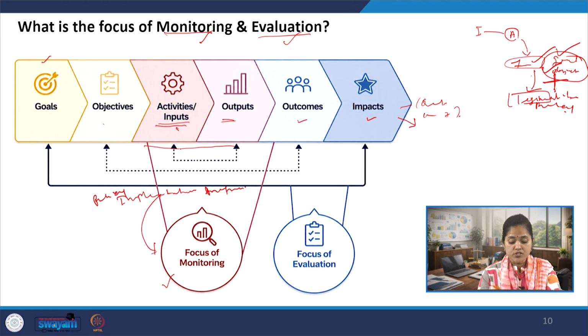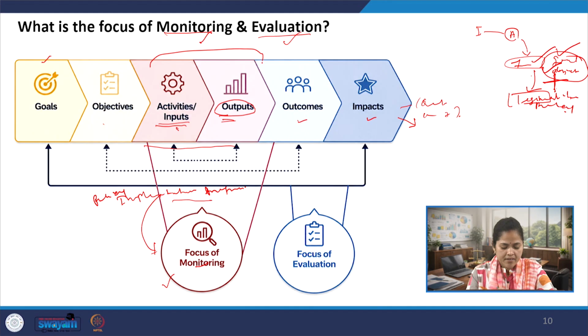So, what would be the focus then? The focus would be what inputs or kinds of activities are undertaken for this policy implementation, and what outputs are produced because of those activities. These two things are monitored here, and that is the reason the focus of monitoring concentrates on these.